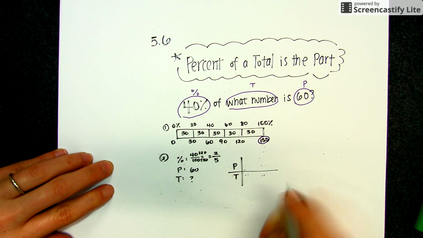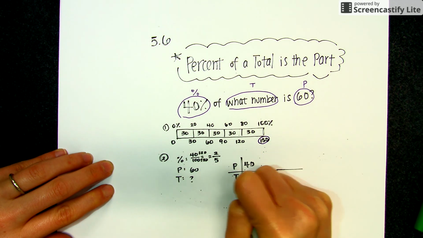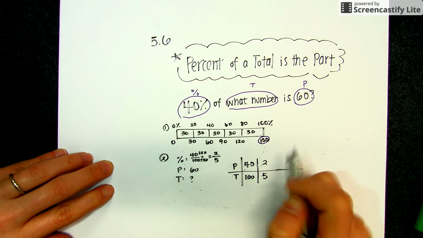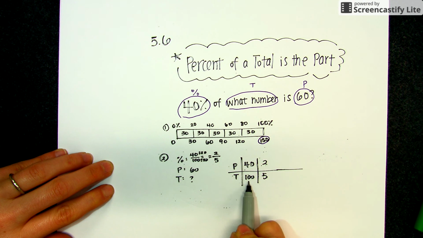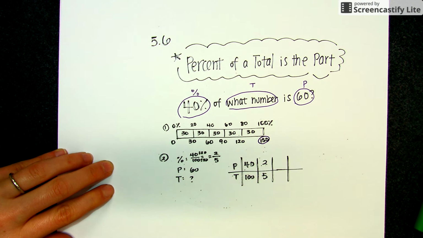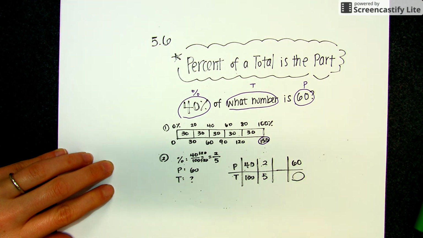Now let's put them in our ratio table. You can put 40 over 100, or the simplest form, 2 over 5. The numerator is always the part, and the denominator is always the total. Leave a space just in case you need it, then 60, and this is what we're looking for.